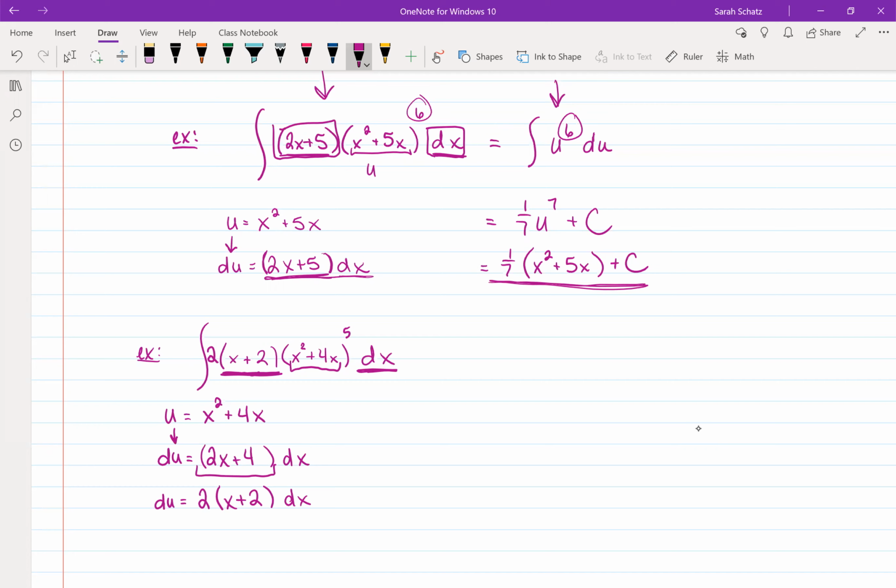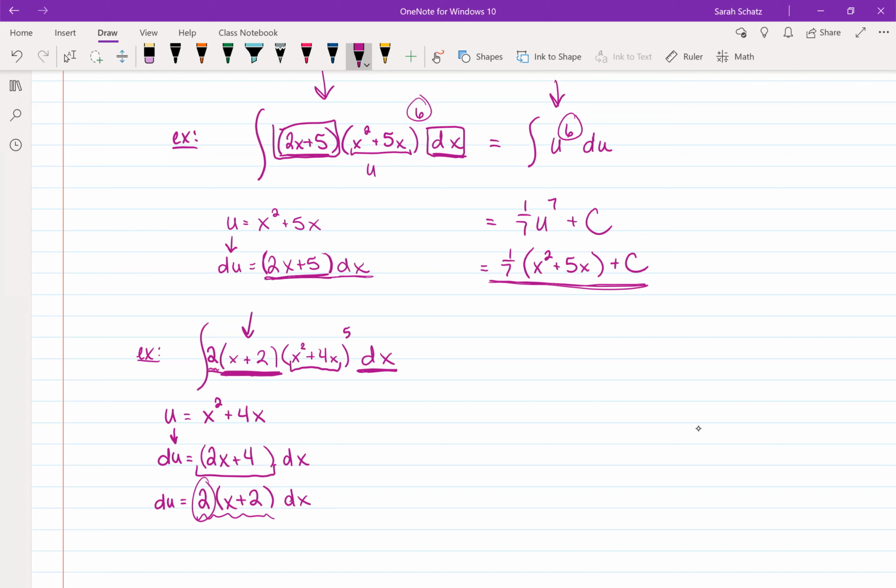So sometimes we have this binomial and we still have to multiply it somehow to make du. And notice in this case, we multiply by 2 and it applies to this whole binomial and it ends up being 2x plus 4. So sometimes you're going to have to think about that. You might factor du a little bit so you can see that all you really need is just a 2 in the front.